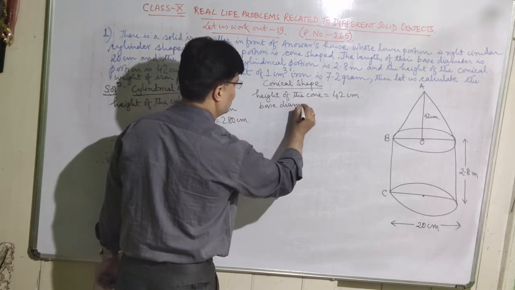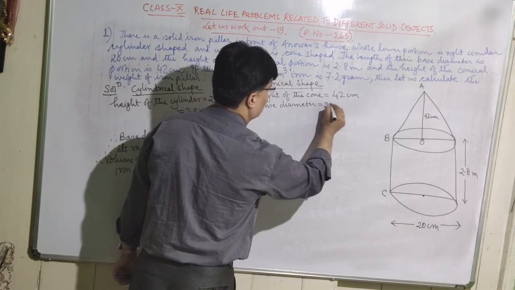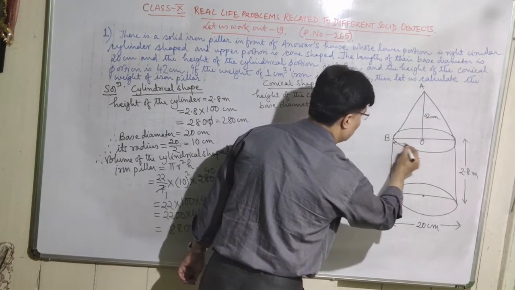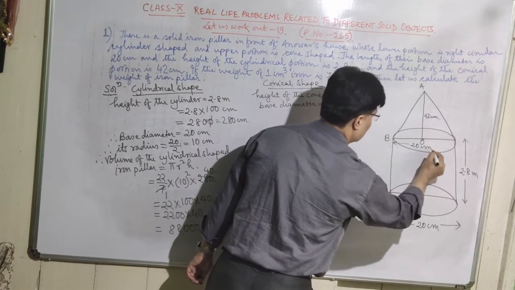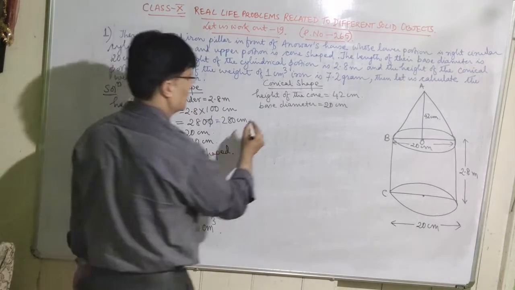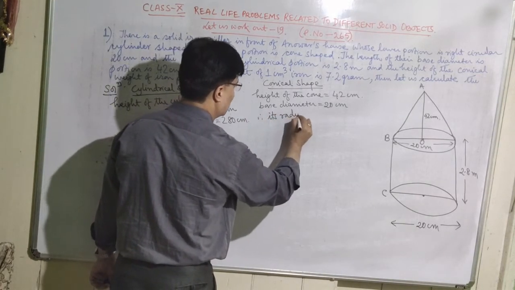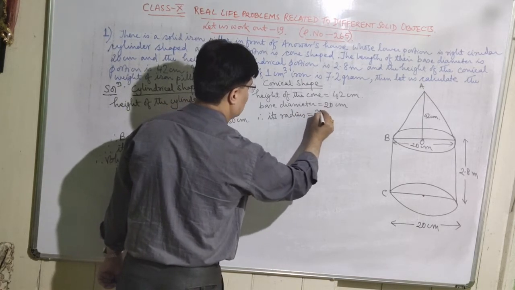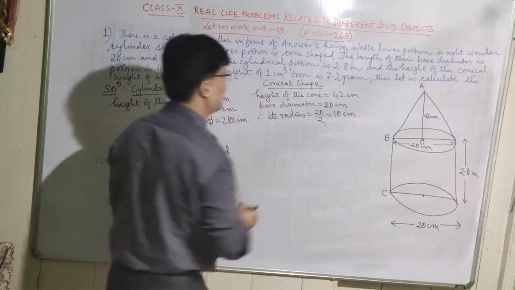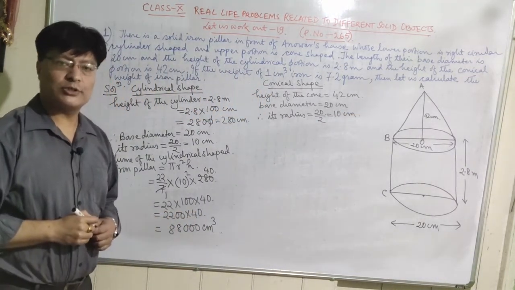What is the base diameter here? Base diameter is also 20 centimeter. If this is 20 centimeter, this is also 20 centimeter, isn't it? So this is 20 centimeter base diameter. So its radius is equal to 20 by 2, which is equal to 10 centimeter. So I think I've understood it.